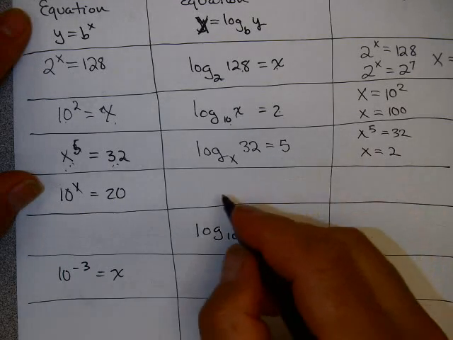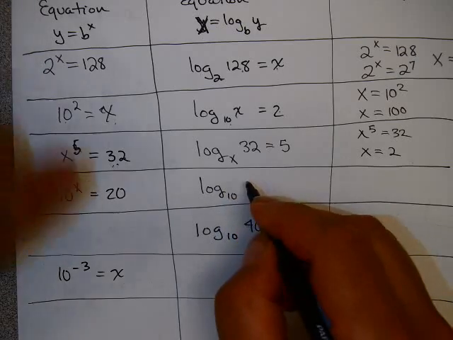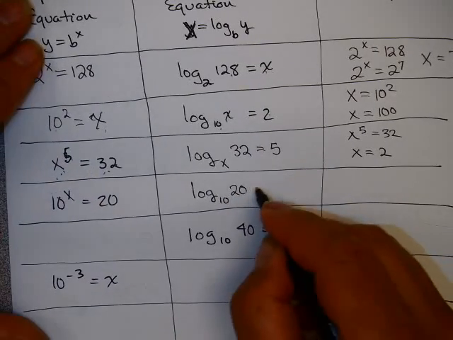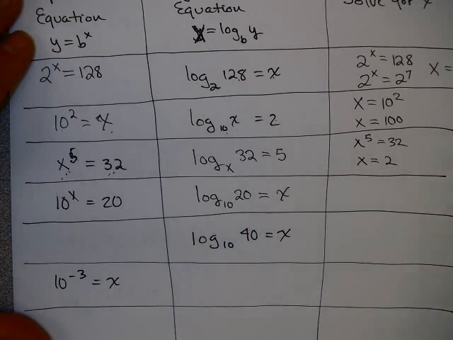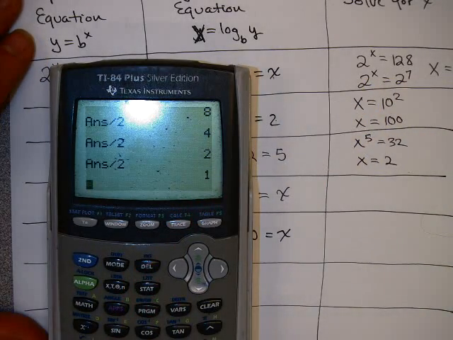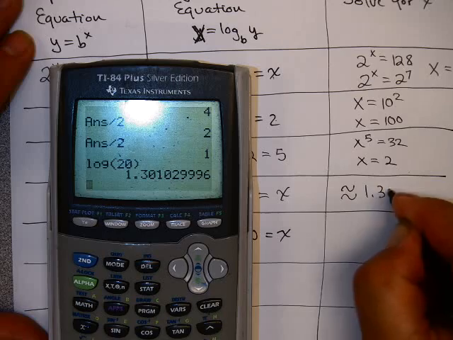10 to the x equals 20 tells you log base 10 of 20 equals x. Now, I can't figure this out, but I do have log base 10 here, so I can use my calculator and say log 20, and this gives me approximately 1.301.